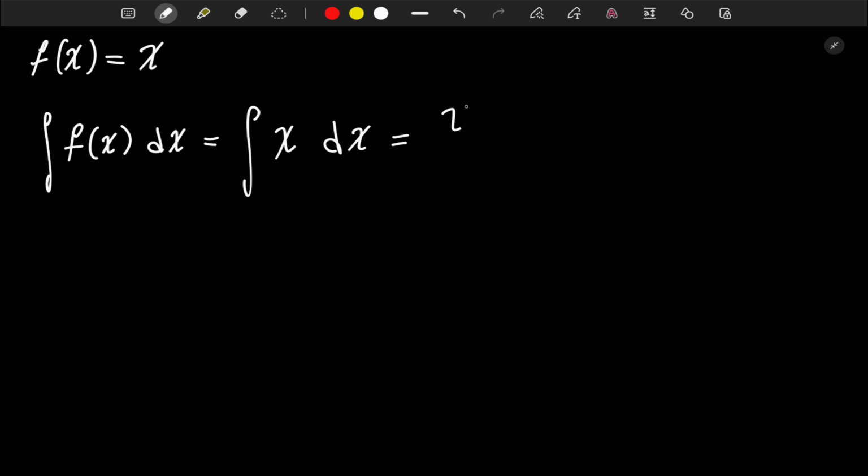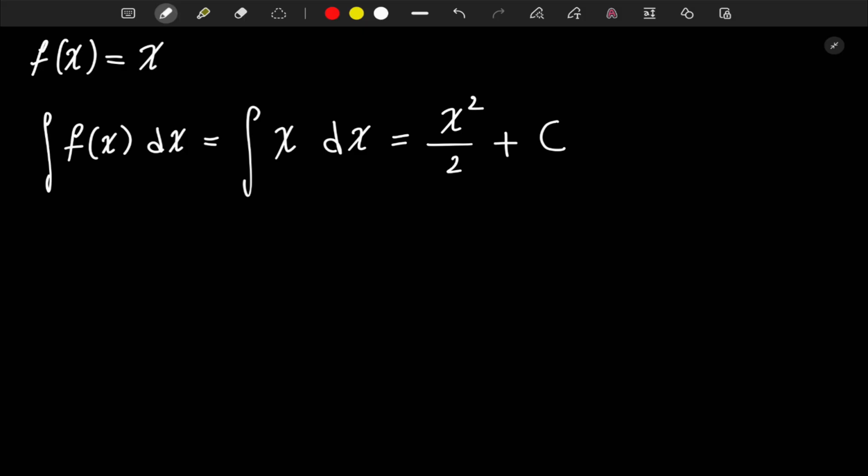And this will give us x squared over 2 plus a constant c. And we used integration to calculate all sorts of stuff, like an area under a function.